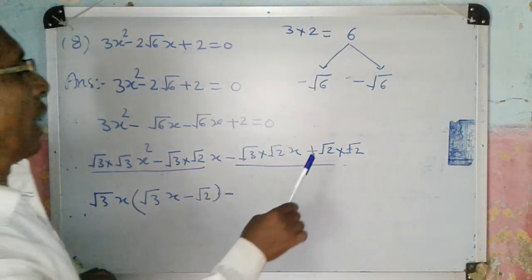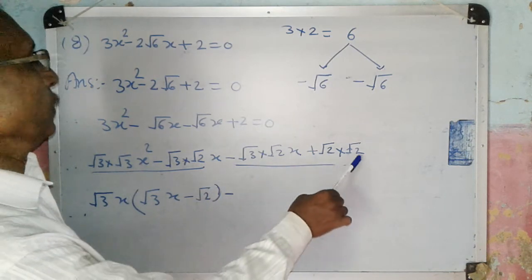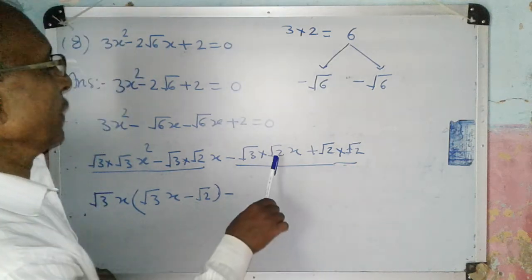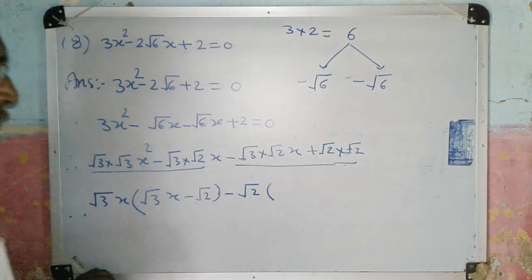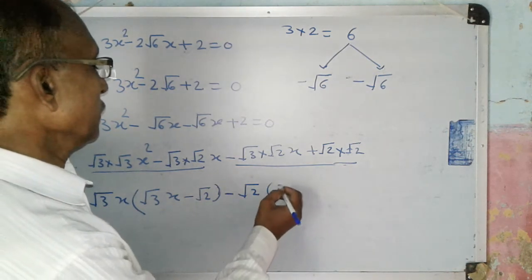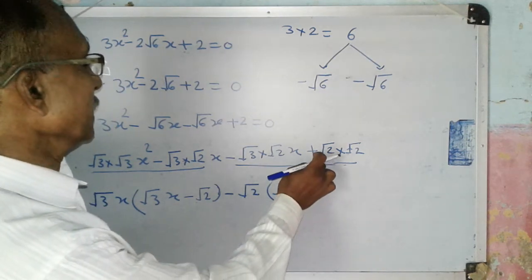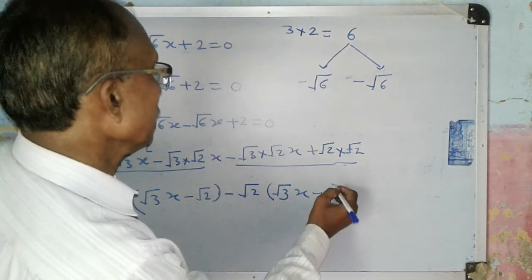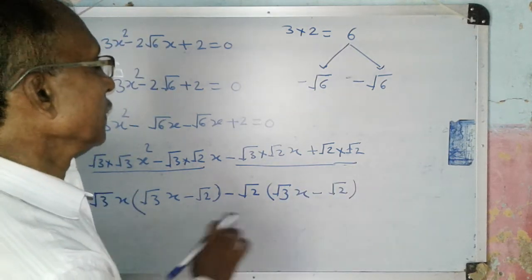The factors of 2 are root 2 into root 2. So here in this group the common is root 2. Now in bracket it remains root 3x. Now here will be a change in sign because here is a minus sign, so it becomes minus 1, root 2 taken outside, so here remains 1.